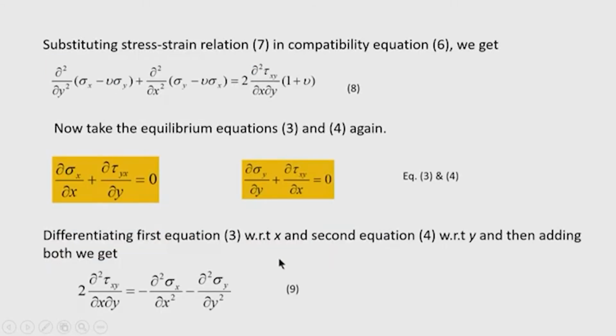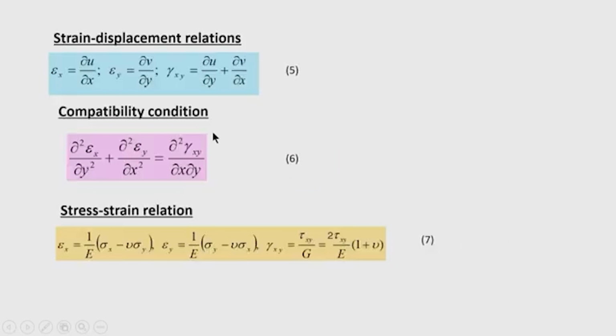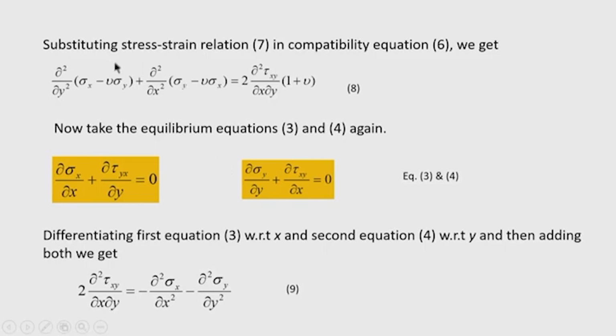Now, substituting the stress strain relationship in the compatibility equation. So, the compatibility equation is this equation. We substitute epsilon x, epsilon y and gamma x y here, then we get this equation.